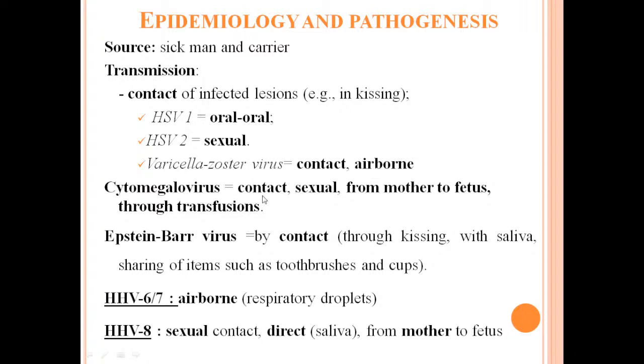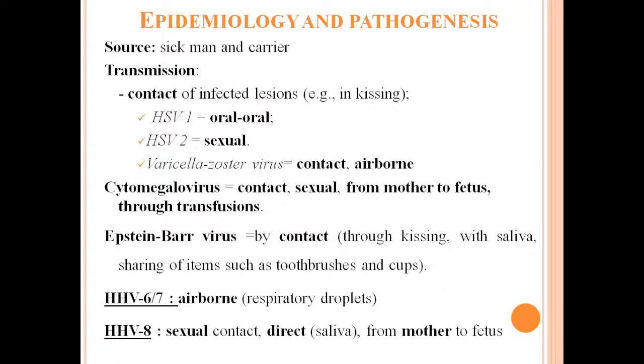Cytomegalovirus is transmitted through direct contact, sexual contact, direct contact with objects contaminated with saliva or other human body fluids, then from mother to fetus and through transfusions when blood components contain virus.